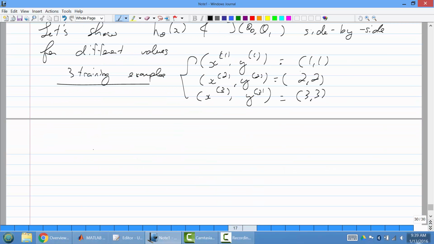Let me make the grid just the top right quadrant. You've got (1, 1), (2, 2), and (3, 3), with x on one axis and y on the other.